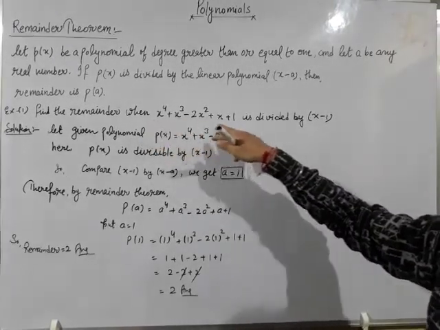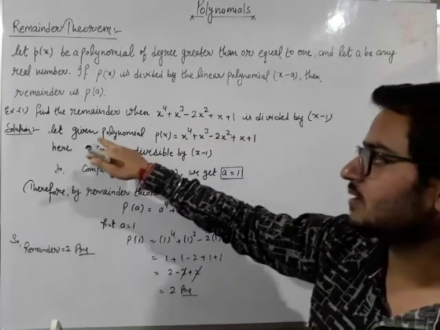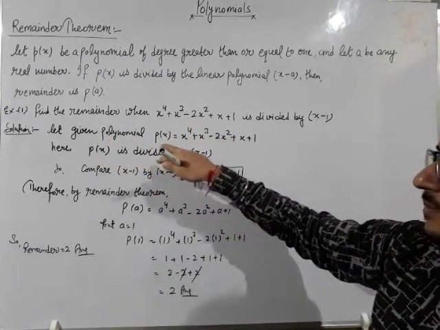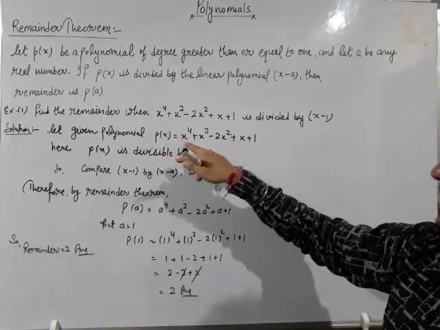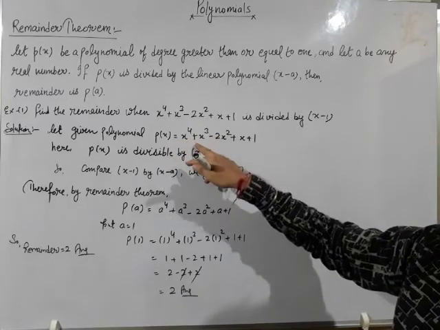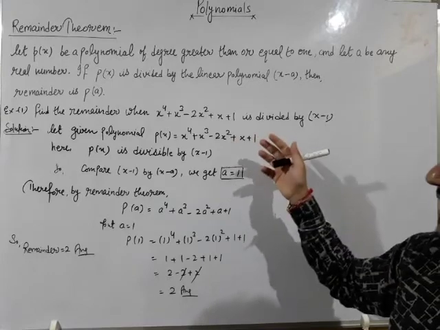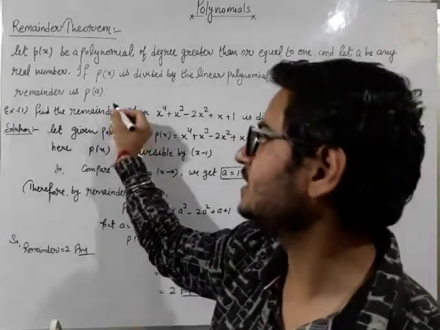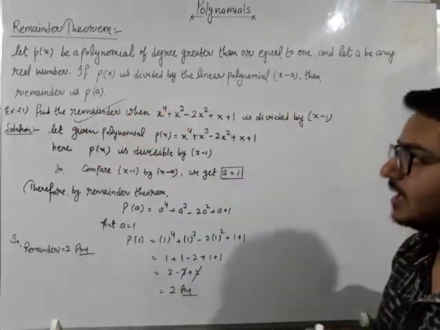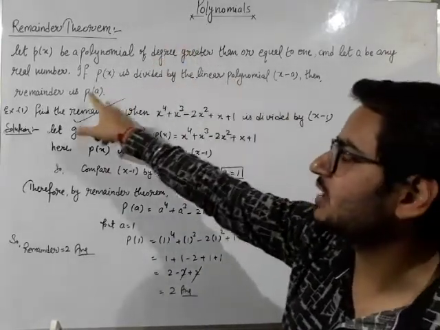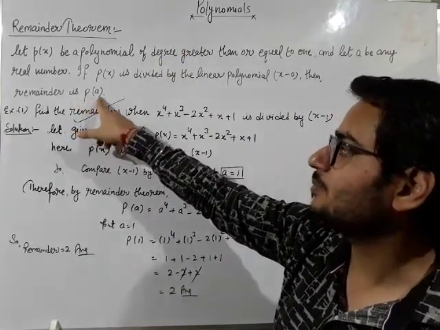Because this polynomial is in variable x, the given polynomial can be written as P(x). P(x) is equal to x^4 plus x^3 minus 2x^2 plus x plus 1. We have to find the remainder, and by the remainder theorem we know that remainder is P(a).